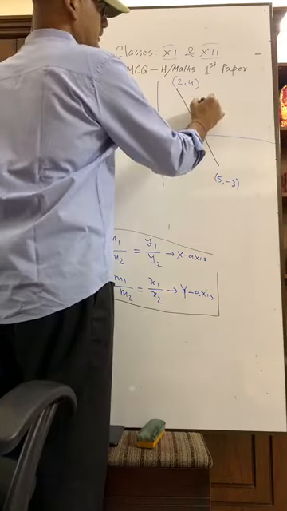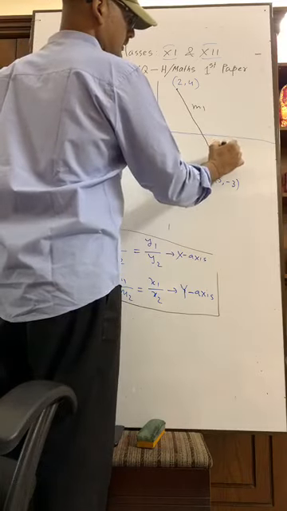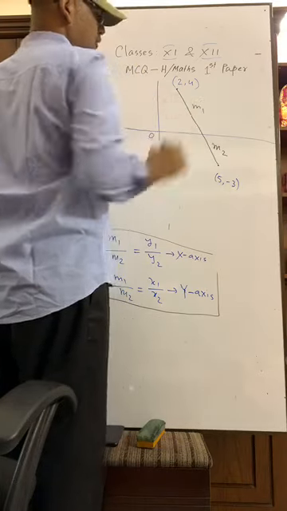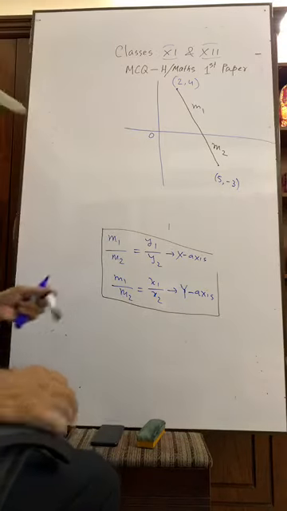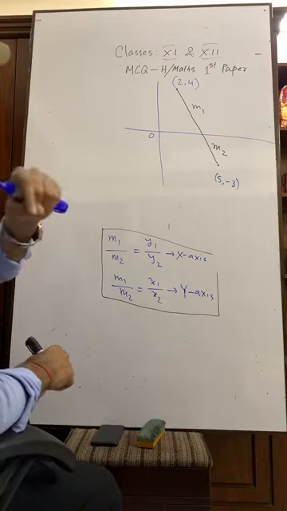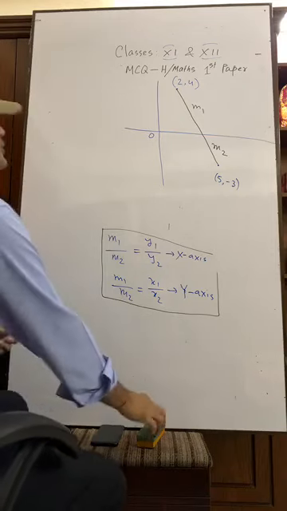Suppose it is M1 and it is M2. We have to find M1 is to M2. What is to be found here? M1 is to M2.